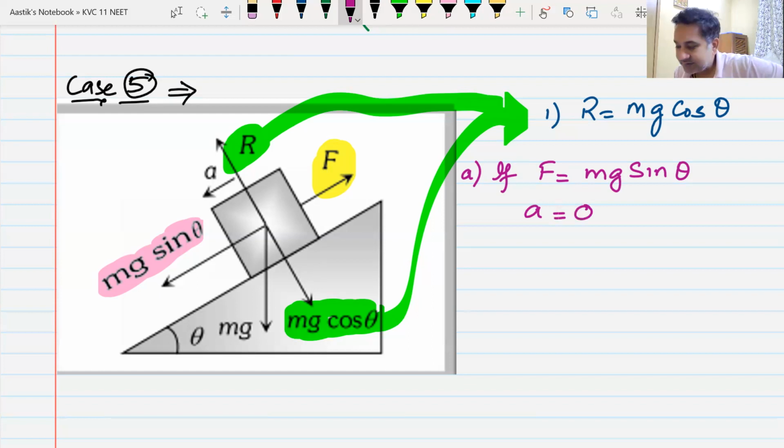Do we understand this? Because the y-axis forces are already equal, if the x-axis forces also become equal, it cannot move. Acceleration is 0.